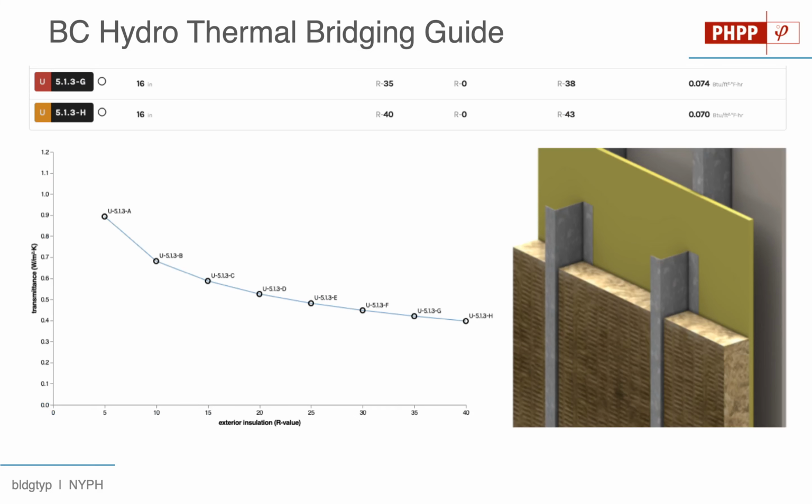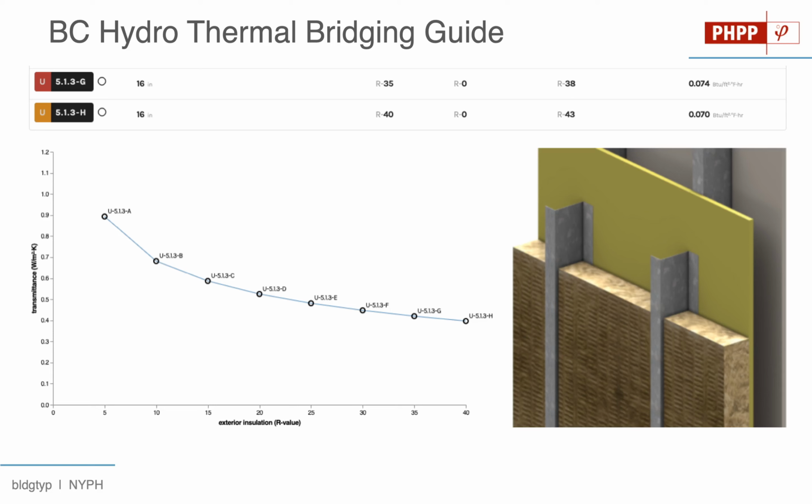In particular, what you'll find in the online component, as I said, it started out life as a giant PDF, but nowadays it's an interactive website where you can select different assemblies and increase and decrease their thicknesses, etc. And what you'll find are things like, okay, if you've got 4 inches of exterior insulation and you've got this type of facade clip, here's the expected U value.